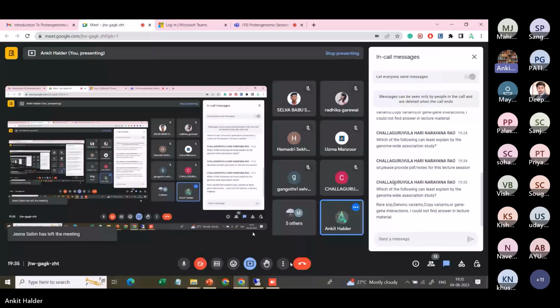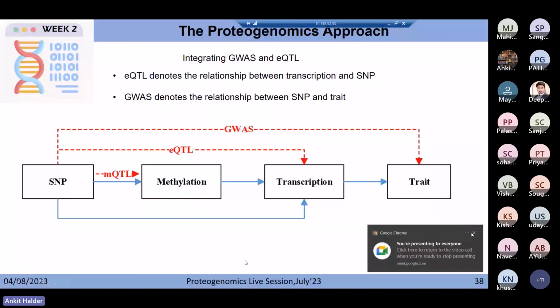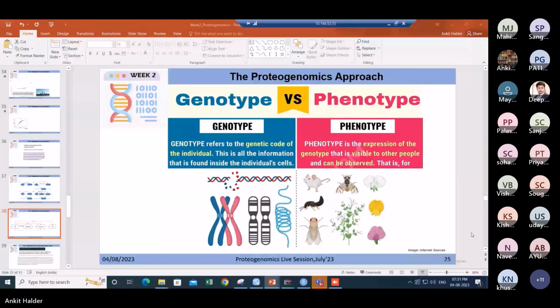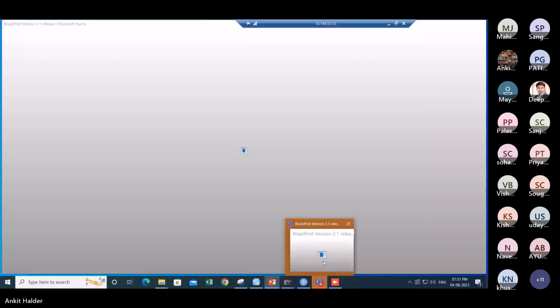Okay, does anyone have any question? Right, so this is the whole concept. Okay, so now we can get a little bit of understanding of how this. Not audible. No, it's audible to me, Ankit.